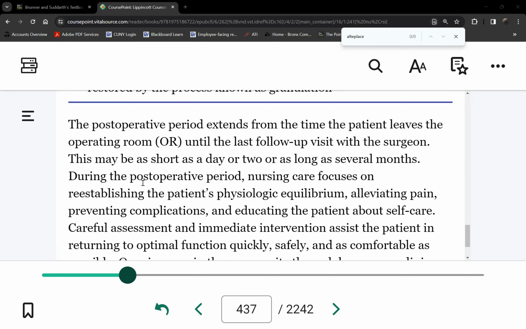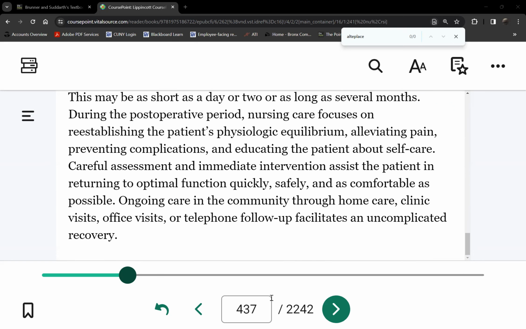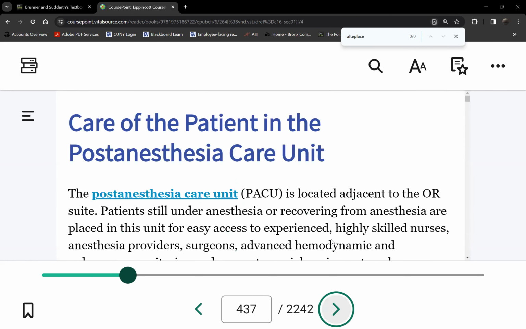Post-op care begins. So the first unit the patient enters is the PACU, post-anesthesia care unit. Even though you are not expected to be ICU nurses fresh out of graduation, you will be expected to know basics of post-operative care because PACU nurses have the same credentials as ICU nurses.